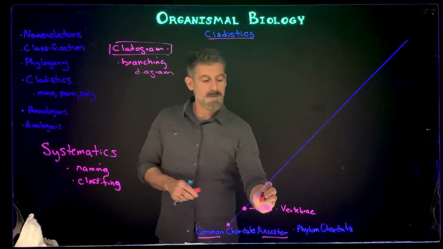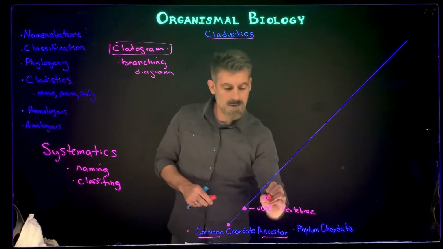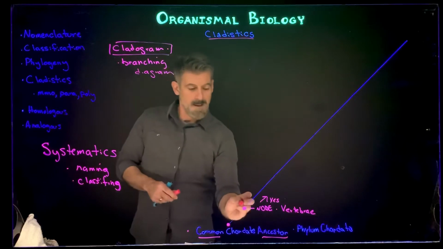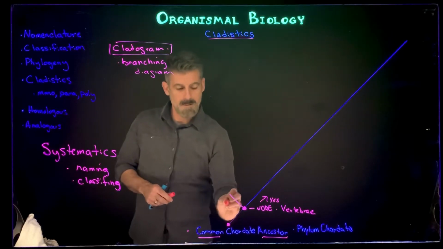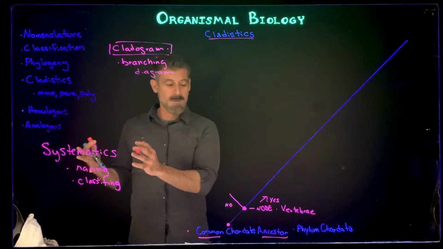Anyone following this line from this point forward is going to be yes, they all have vertebrae. Anyone who doesn't have vertebrae, no, is going to then get pulled out, right?